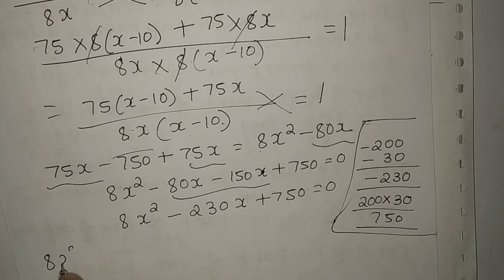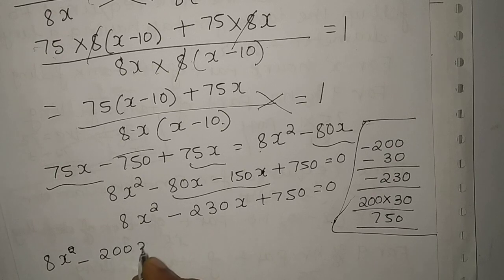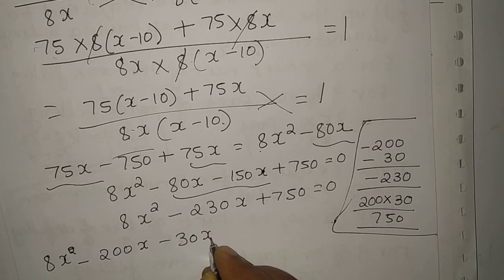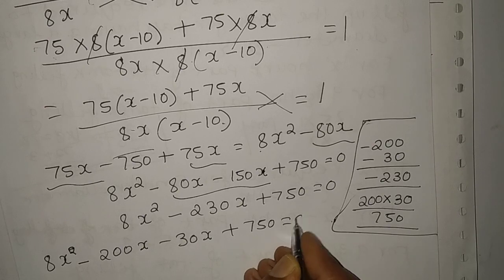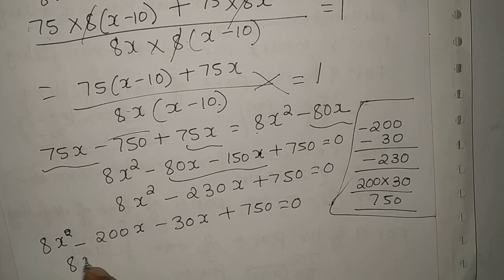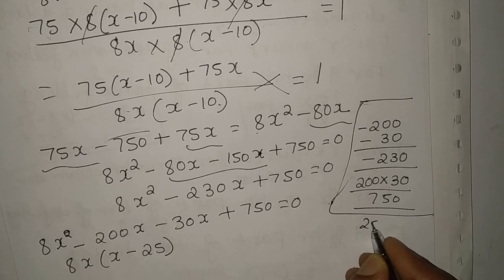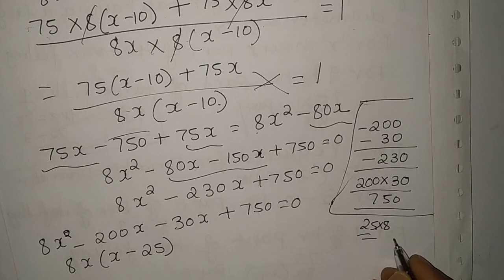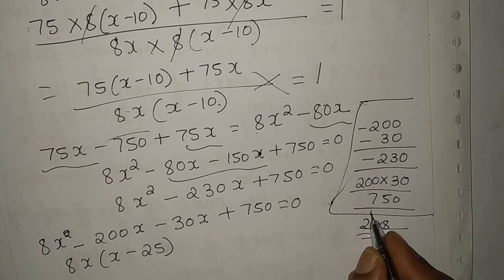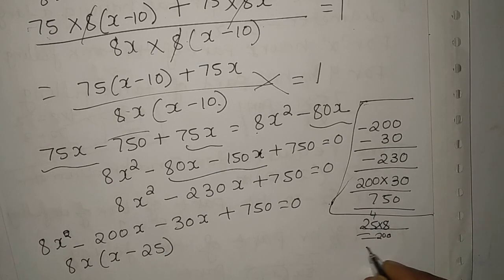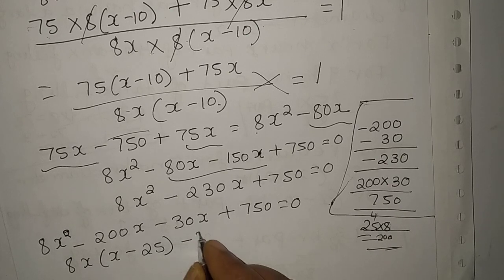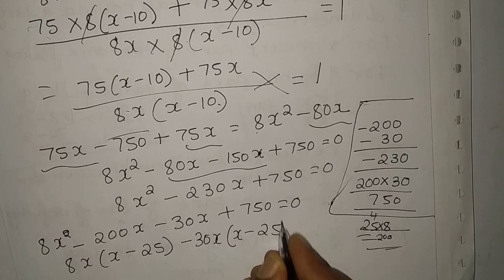Now finally, 8x square minus 200x minus 30x plus 750 is equal to 0. Now 8x common, x minus 25, 25 into 8 will become 200. And minus 30 common, then x minus 25 is equal to 0.